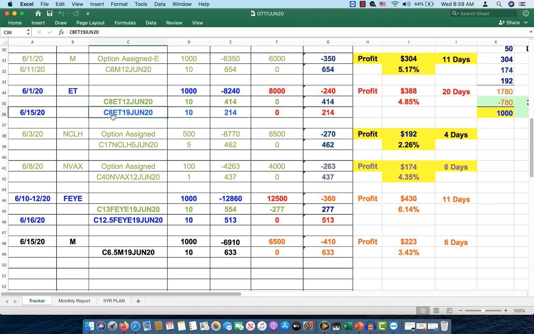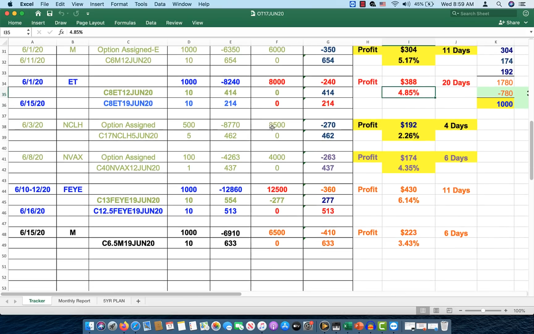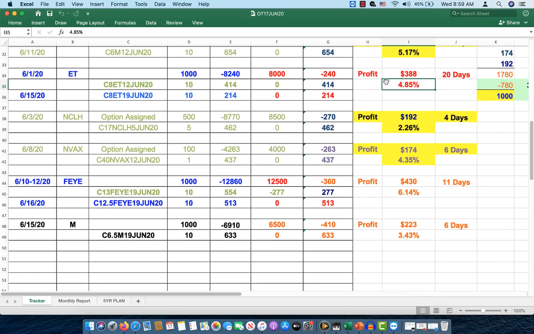Now I did another $8 strike price for the 19 calls, and I'm picking up 214, which will give us a total of $388 at a 4.85% return. Now that's great in a 20-day period. It's just outstanding if it gets called away this time. We'll have to see if it gets called away, because remember, we can't realize this gain until the position's closed.